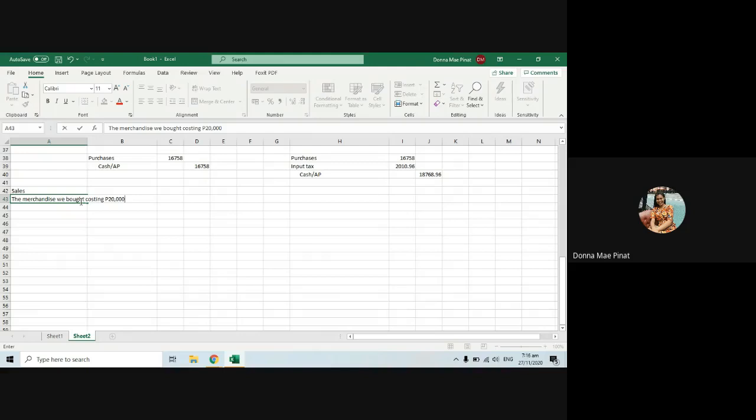Kato atong gipalit nga merchandise nga 20,000, ato siyang gibaligya og sample 30,000.